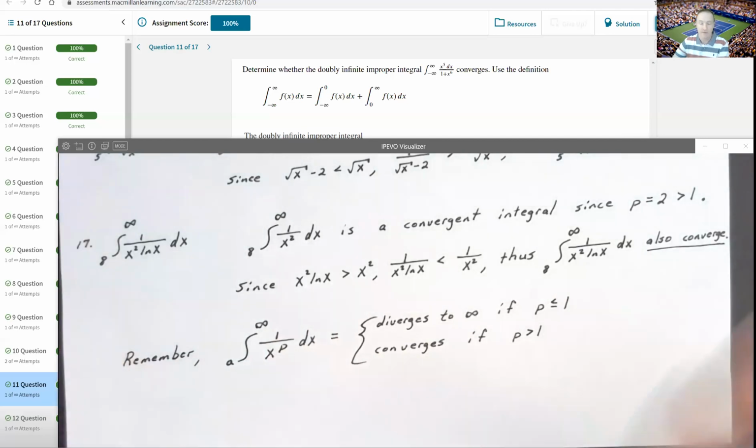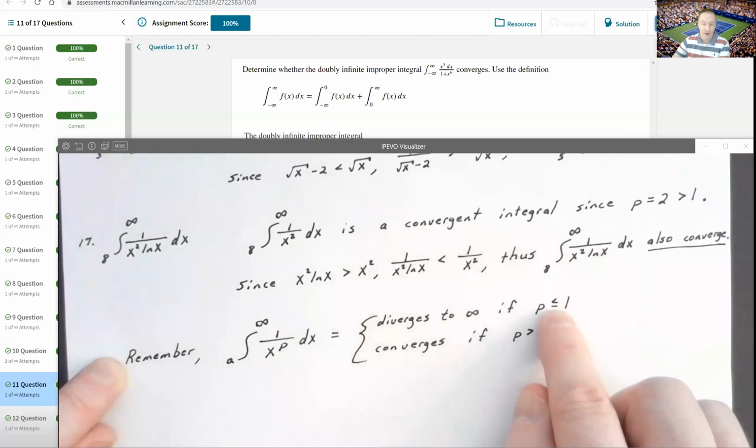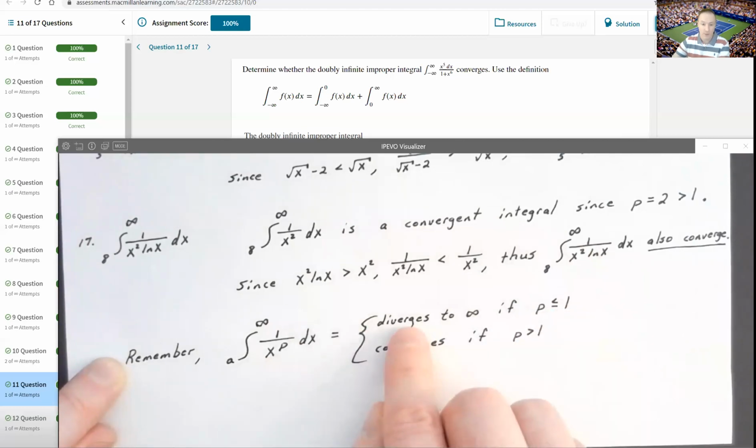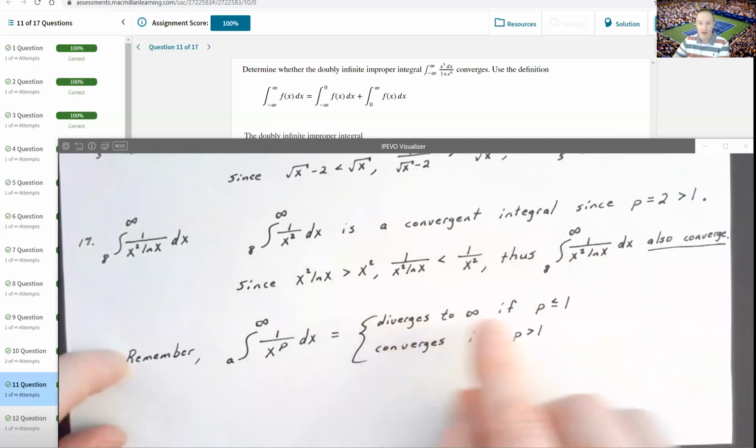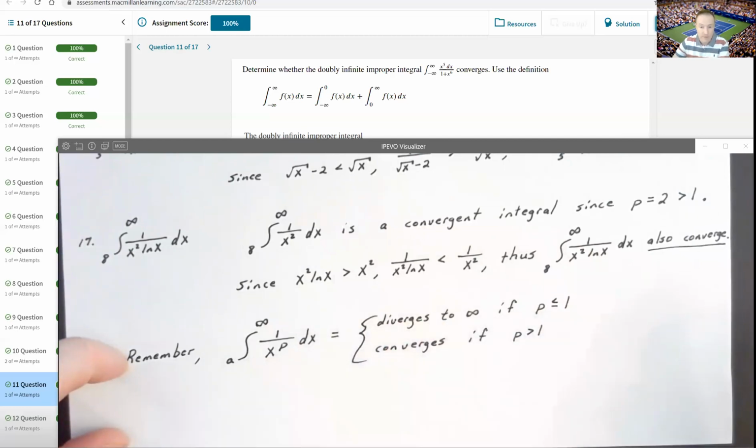Now, we showed this in the notes whenever I integrated something like 1 over x. 1 over x integrates to the natural log of x. Whenever you try to evaluate the natural log of x at an infinite limit of integration, it goes off to infinity. That's why whenever the denominator is just 1 greater than the numerator, it diverges, because you're going to end up with a natural log of infinity. If you have a square root or something down in the denominator and you integrate that, that power is going to go up to the numerator, because x to the negative 1/2 power integrates to x to the positive 1/2.